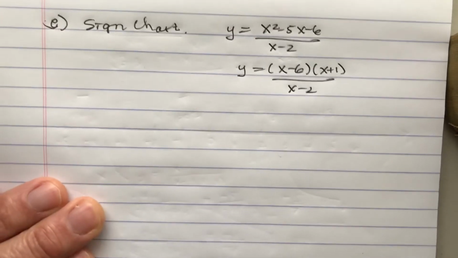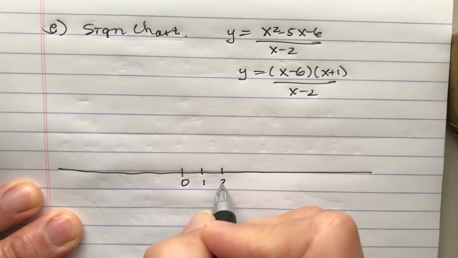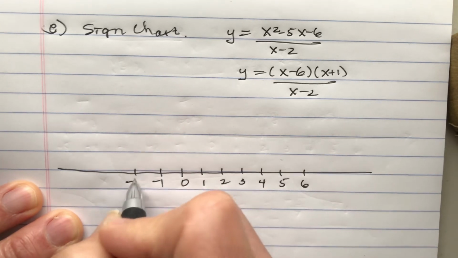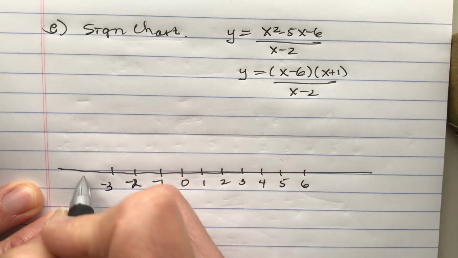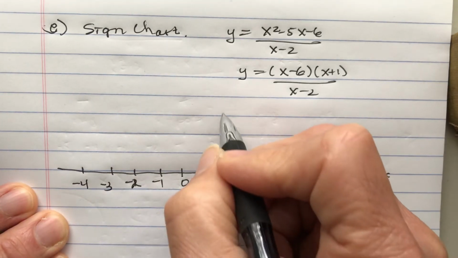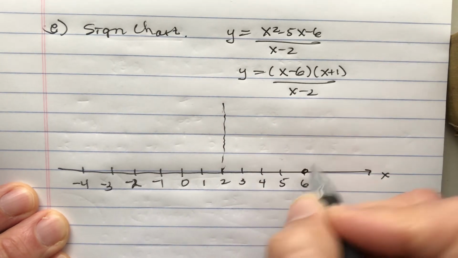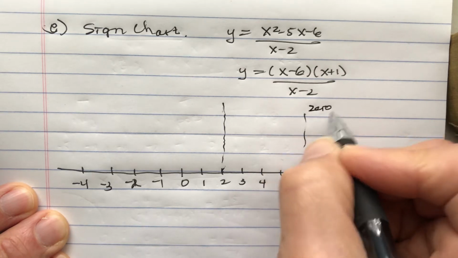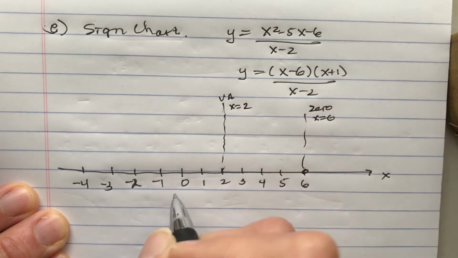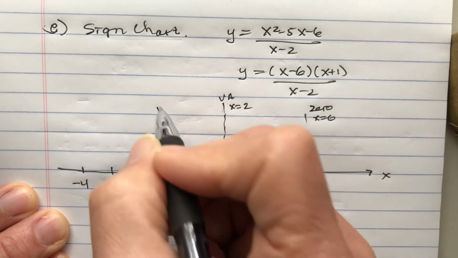What we do is draw a number line and make dotted lines at the zeros and at the vertical asymptotes. So 2 was a vertical asymptote, and the zeros we found were 6 and negative 1.